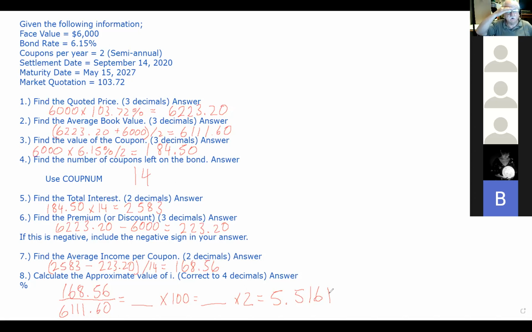Now I see it. But I admit this makes no sense to me whatsoever, but that's the process they want you to follow to get the answer they want. So hopefully if you have that formula sheet, you can follow that process. Okay, sir. Yeah. I'd be kidding you if I said that that made sense to me, but at least we can follow it and get the right answer.